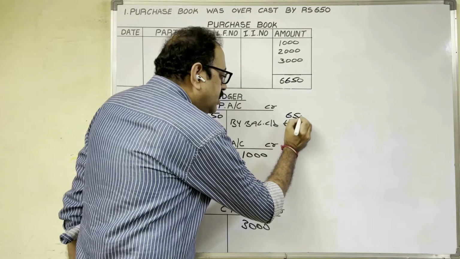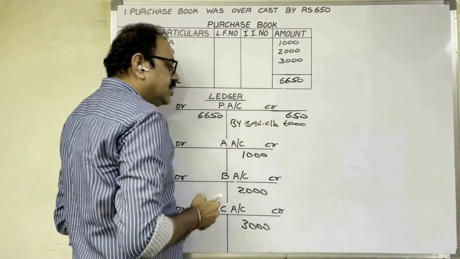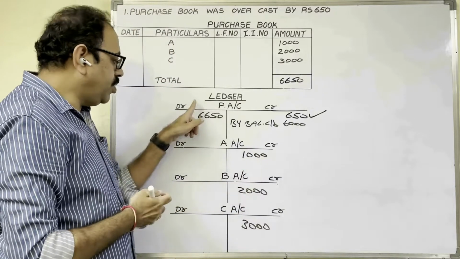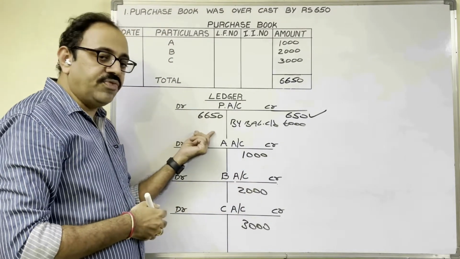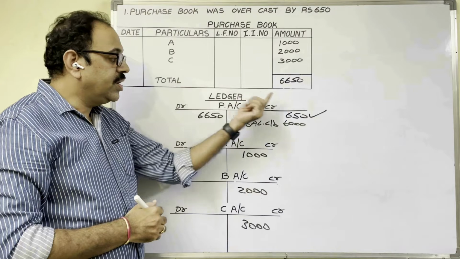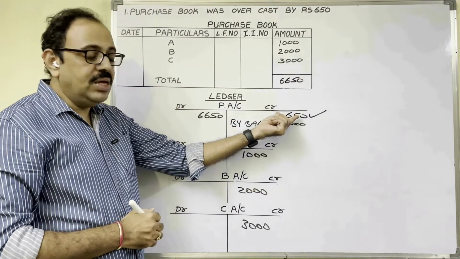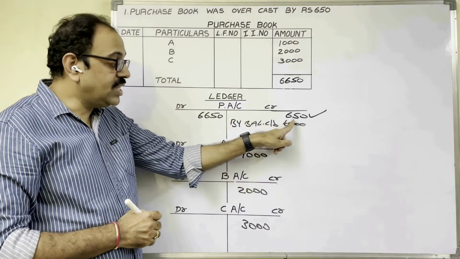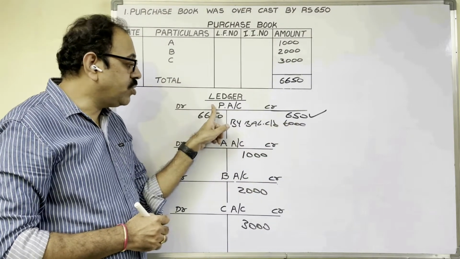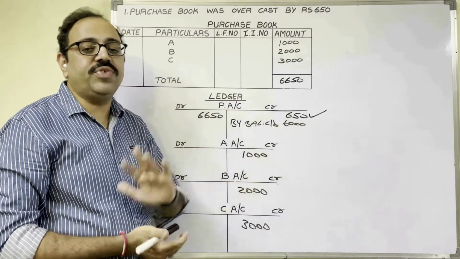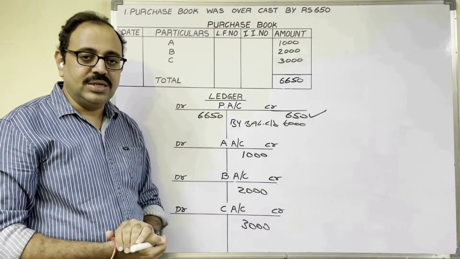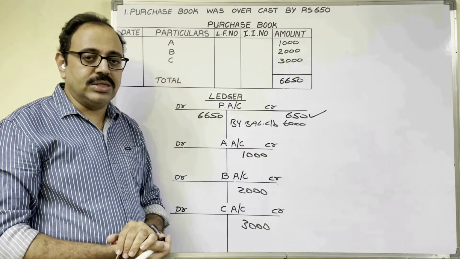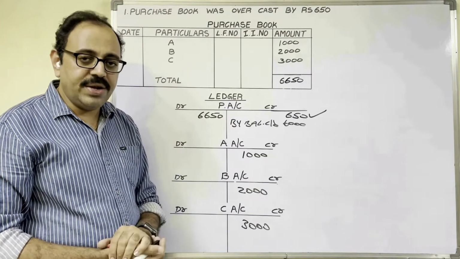If you credit 650 rupees in the purchase account, then debit total 6,650 minus credit total 650, the balance becomes 6,000 rupees. So this is our answer. Purchase account should be credited with 650 rupees.